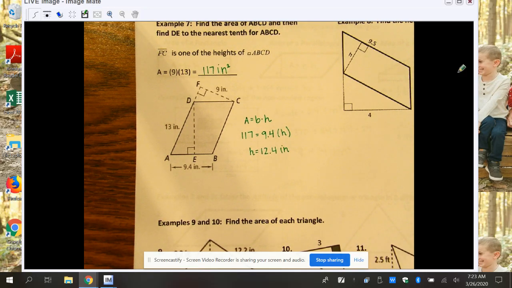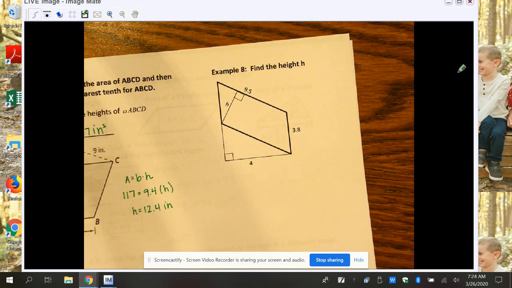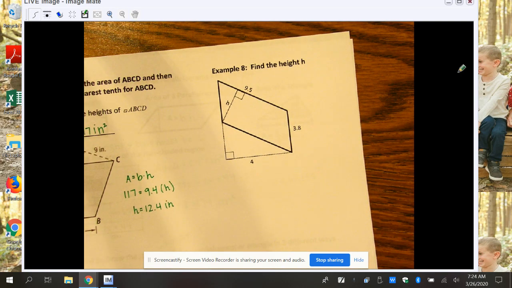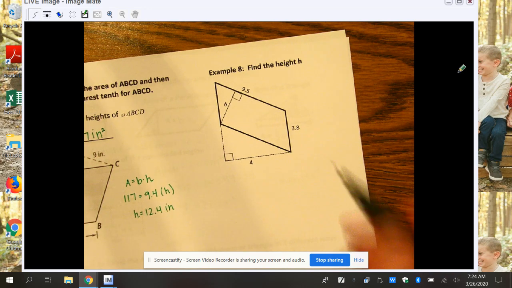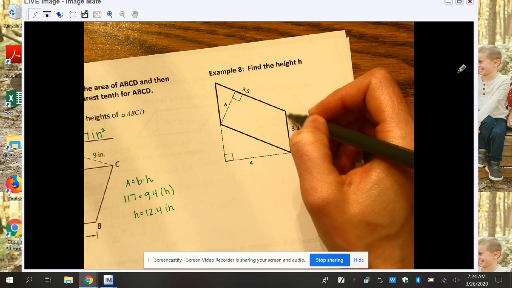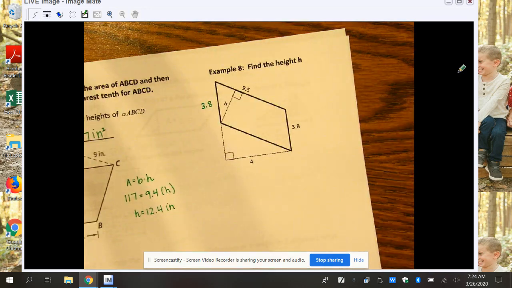All right, so now this one is kind of the same. It says find H right here. Find this height. So we're going to kind of find the area essentially twice using two different heights. So first of all, because this is a parallelogram, I know that if this is 3.8, the other side is 3.8.